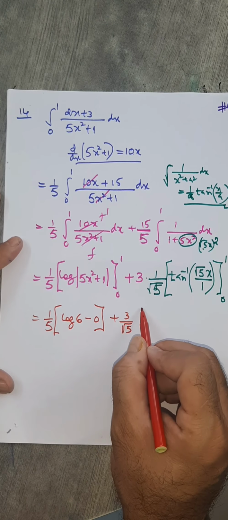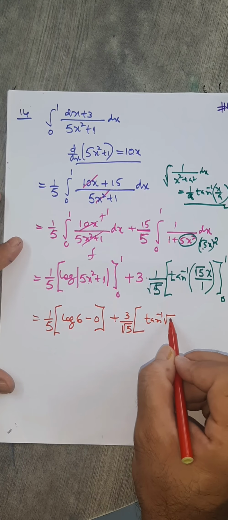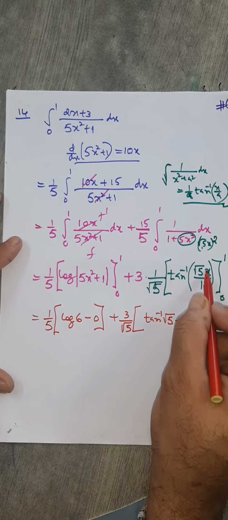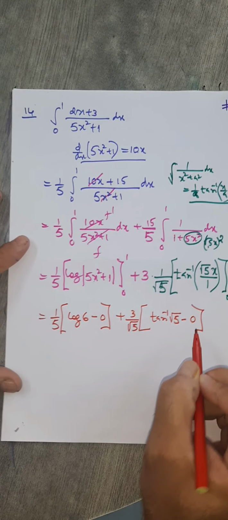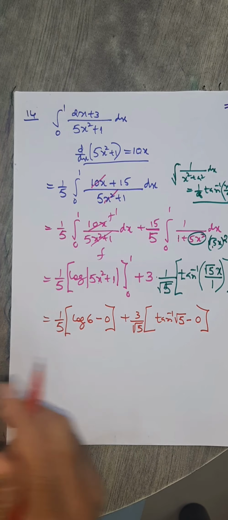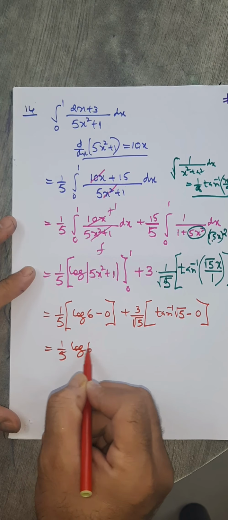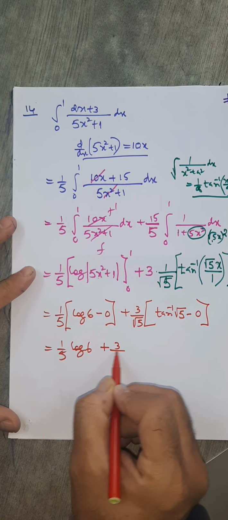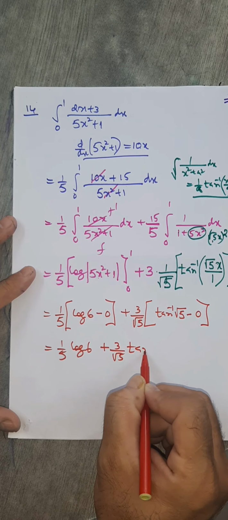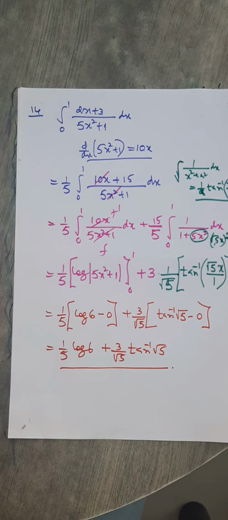First the upper limit, that is x equals 1, tan inverse root 5. Minus, you put 0, tan inverse 0 is 0. So the final value is, if I write one more step, 1 by 5 into log 6 plus 3 by root 5 into tan inverse root 5.